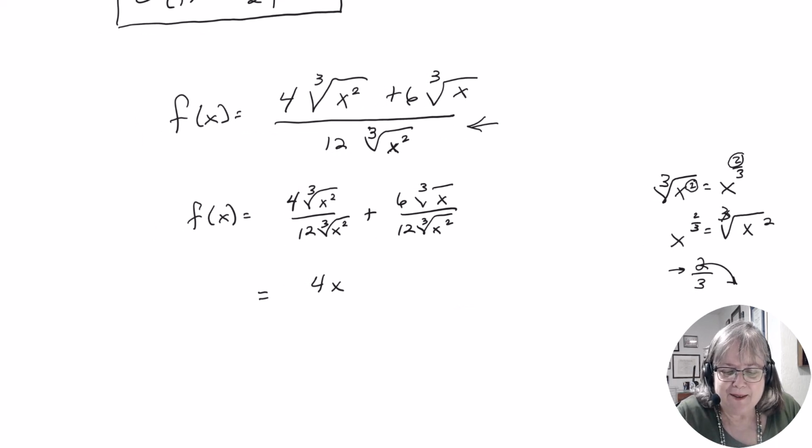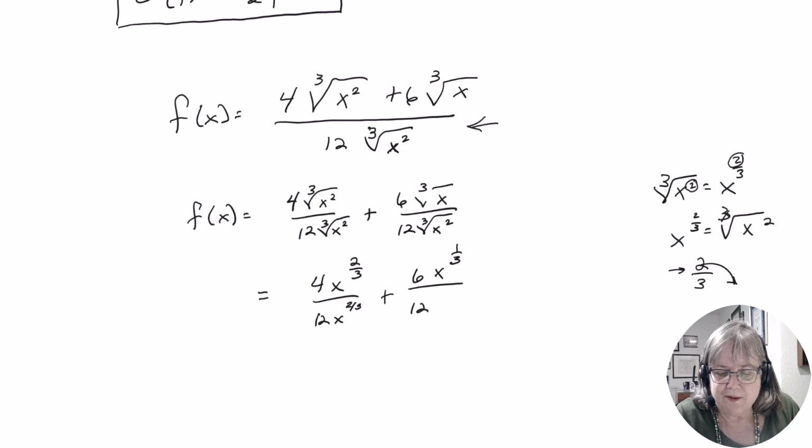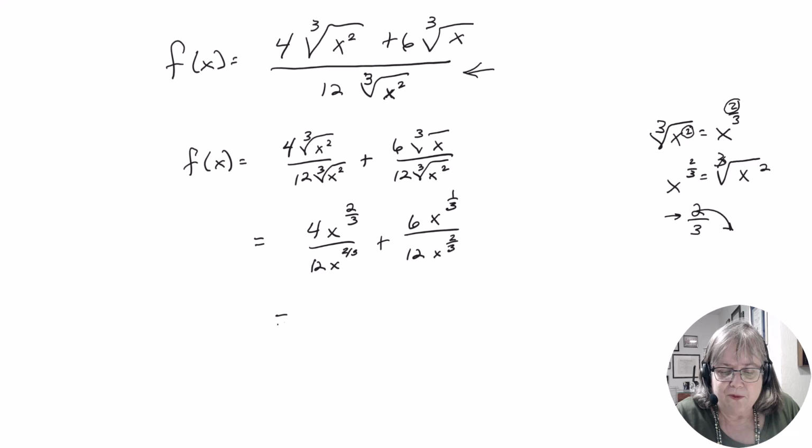But this is 4x to the 2/3 over 12x to the 2/3 plus 6. And the 1/3 power is the cubed root, and 12x to the 2/3. So 4 over 12 is 1 over 3. And this x to the 2/3 cancels this one. Okay, plus 6 over 12 is 1/2 x.